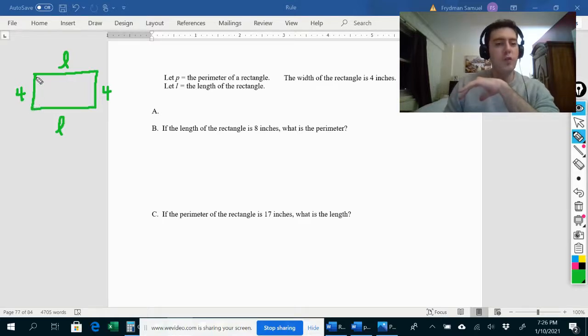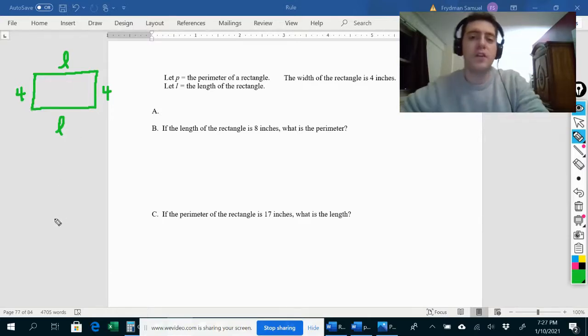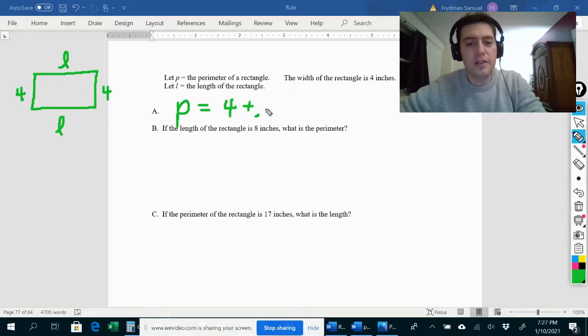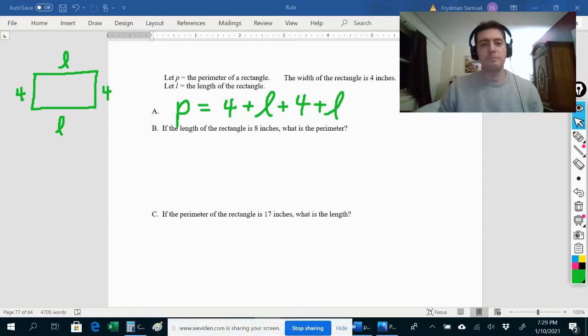So if we do 4 plus L plus 4 plus L, if we add up all of the sides of the rectangle, then that tells us what the perimeter is, okay? So one very simple equation that we could write is just what I said. The perimeter is equal to 4 plus L plus 4 plus L. And that's a perfectly good equation, right?